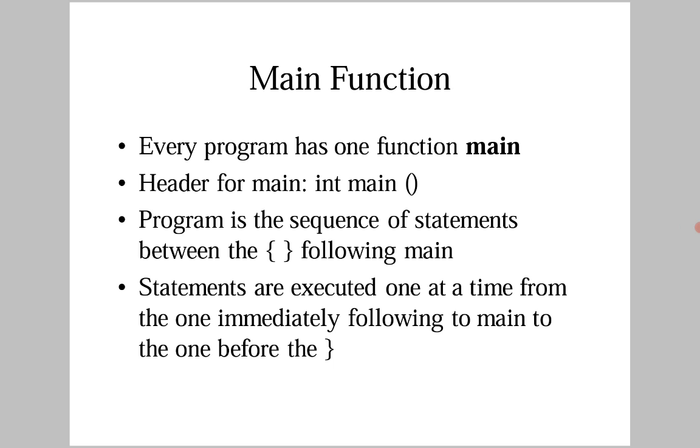So all the statements are written one by one after the main function till it reaches the end of the program, that is, the closing curly bracket. So where is the main code or main program written? It is written in between two braces, after the main.